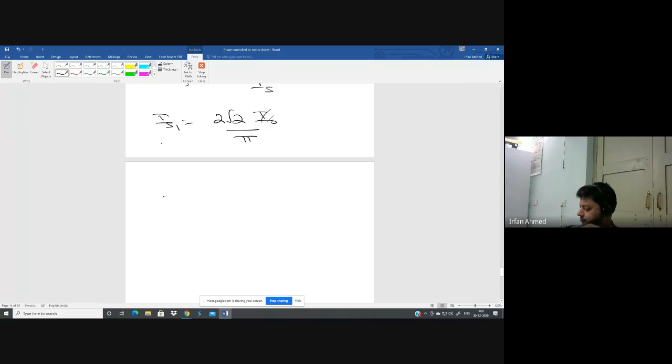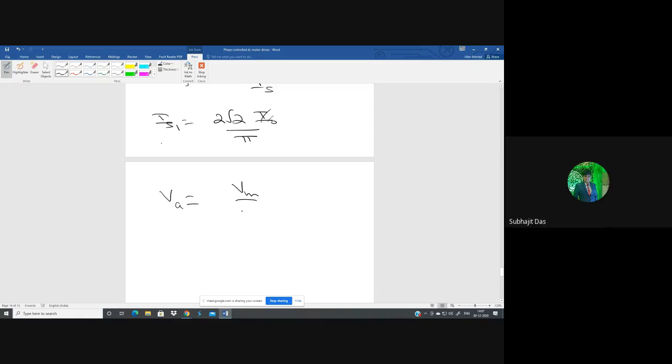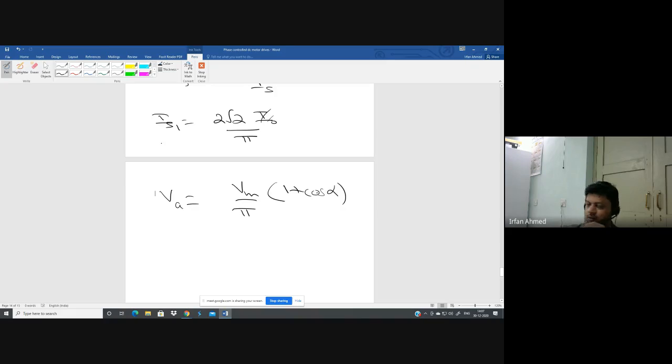Continuous conduction. It is something in 1 plus cos alpha. Yes, it is Vm by pi into 1 plus cos alpha. Okay. So that is the advantage of using a semi converter.